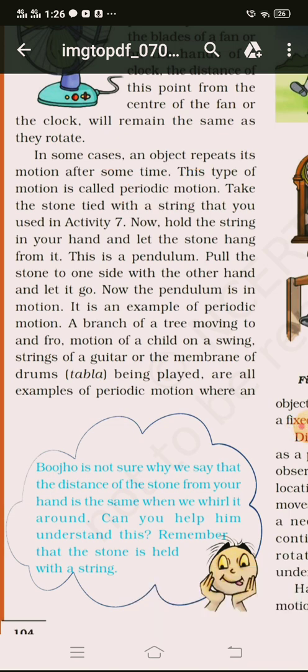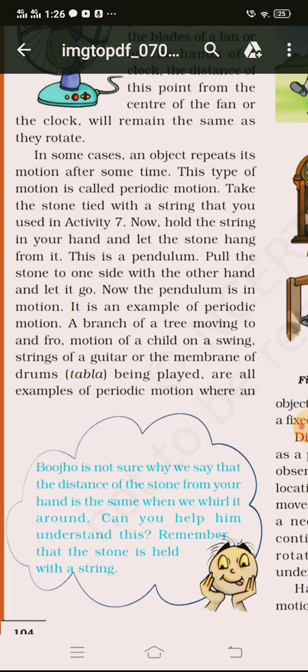ओके, take the stone tied with a string that you used in activity 7. Now hold the string in your hand and let the stone hang from it. This is a pendulum. Pull the stone to one side with the other hand and let it go. Now the pendulum is in motion. It is an example of periodic motion.